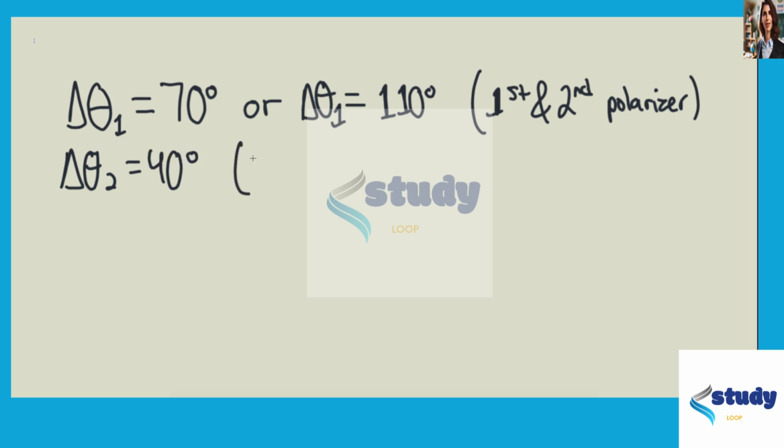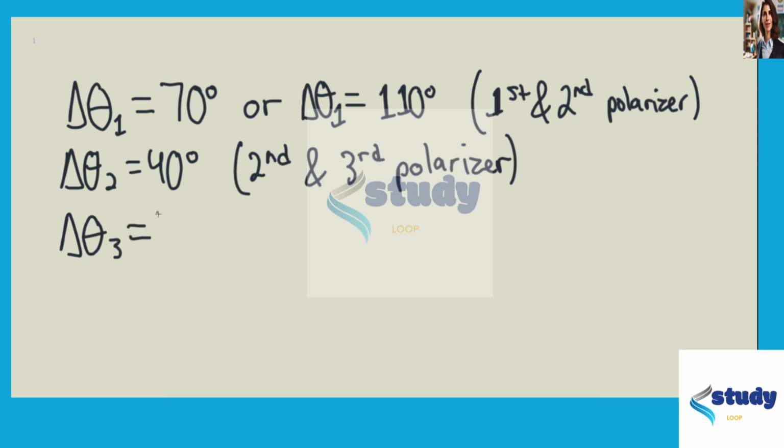This would be between the second and the third polarizer. We can then say that between the third and the fourth, theta sub 3 would be 40 degrees, and this would be the third and the fourth polarizer.